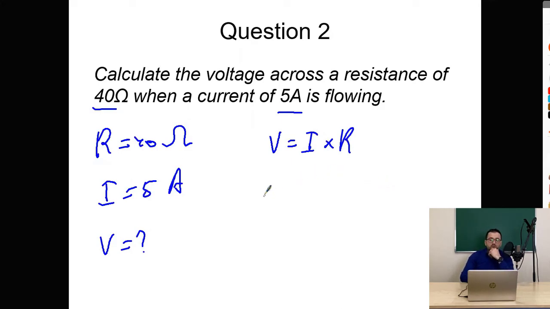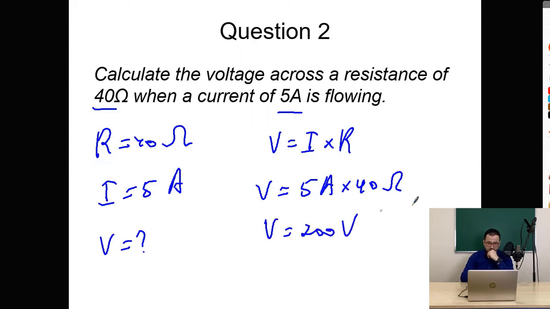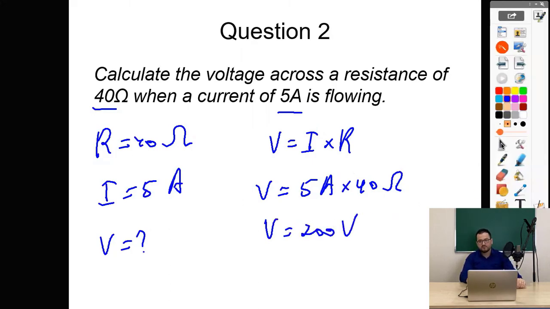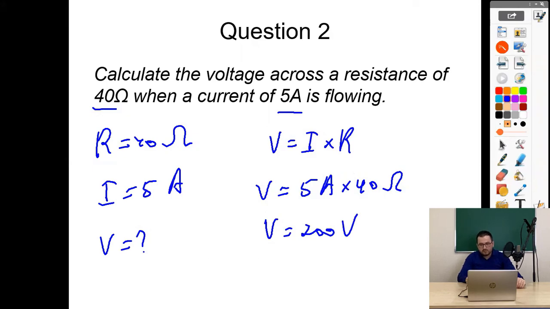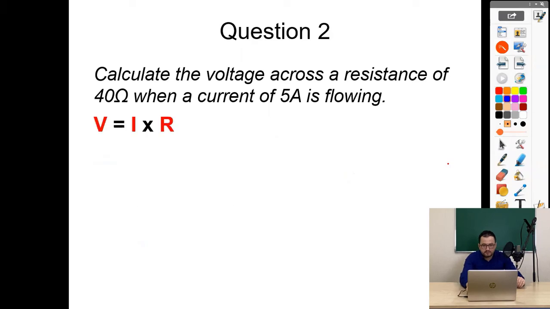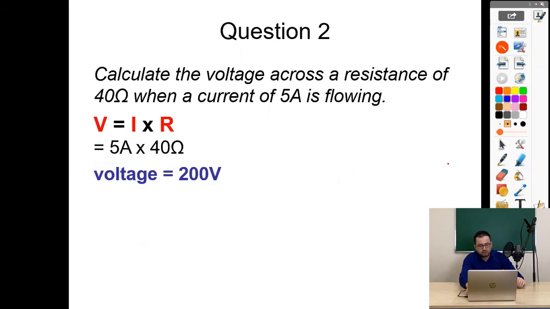So voltage equals 5 amps times 40 ohms. Voltage equals 200 volts. Let's look at the solution. Voltage equals 200 volts.